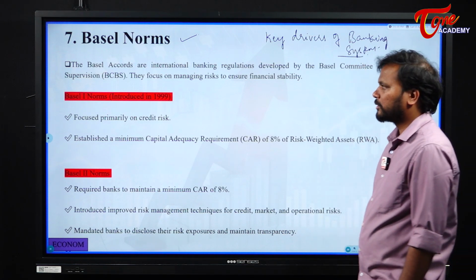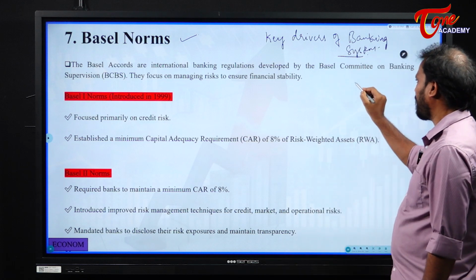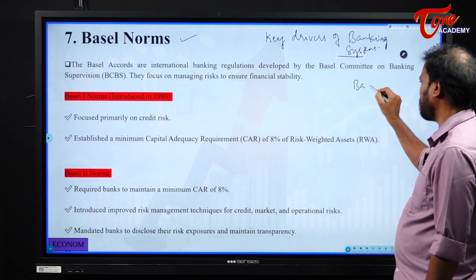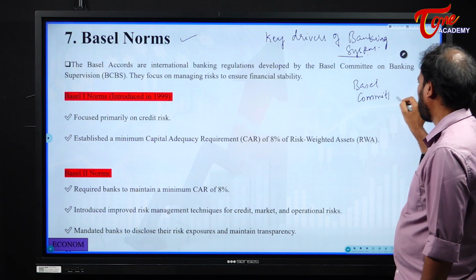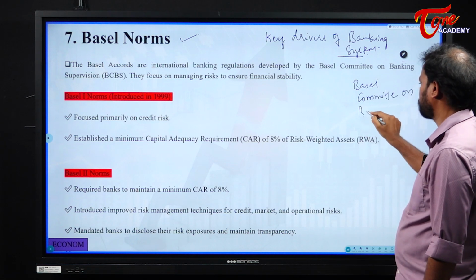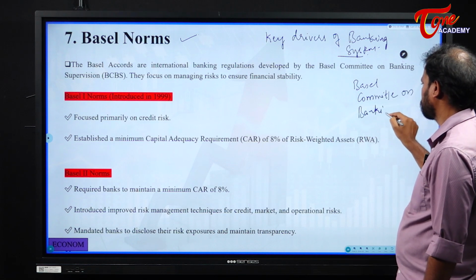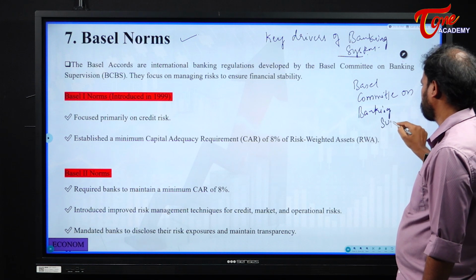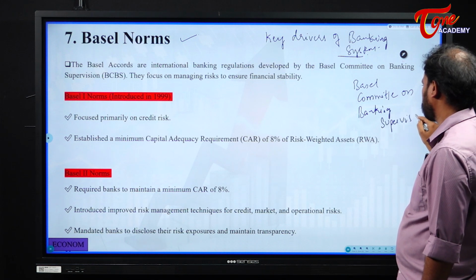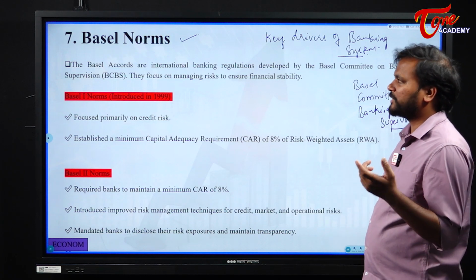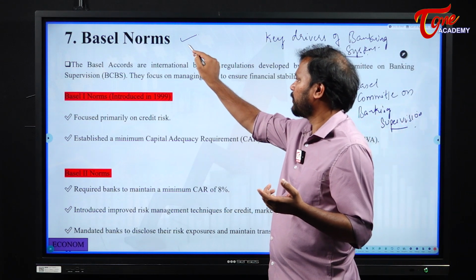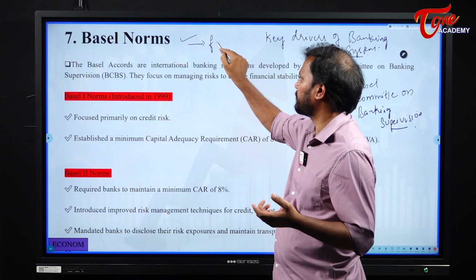Okay. Now, the Basel norms are nothing but the recommendations made by the Basel Committee on banking supervision. The ultimate aim of the Basel norms is to ensure financial stability.